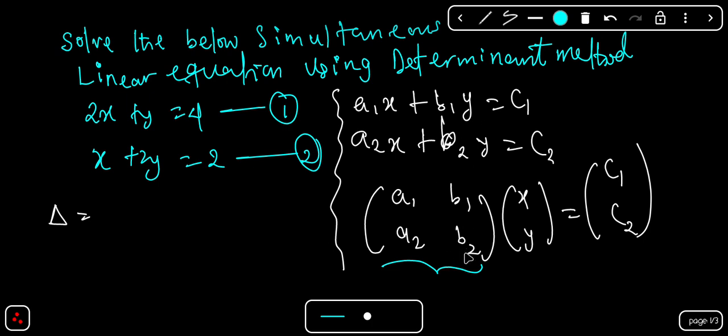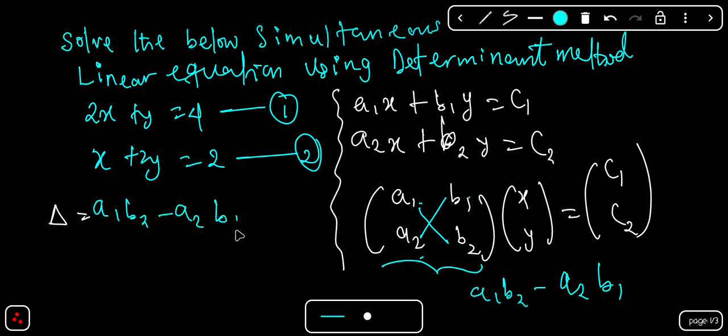How do you find the determinant of a 2 by 2 matrix? It's like cross multiplying: a1 multiplied by b2, then minus a2 multiplied by b1. So we have delta equals a1 b2 minus a2 b1.